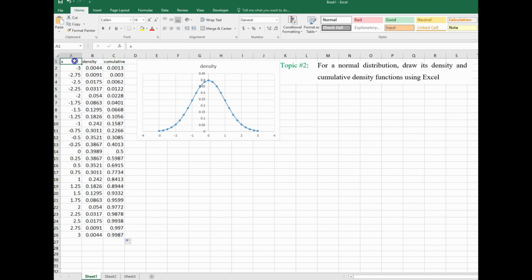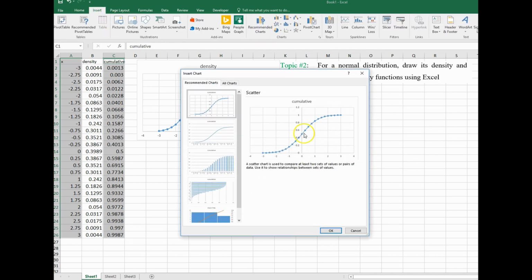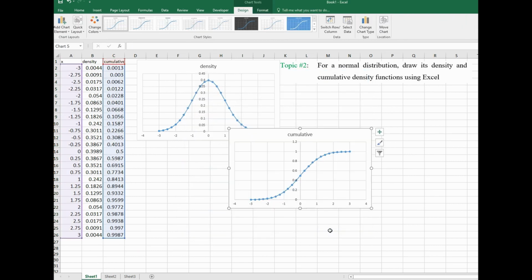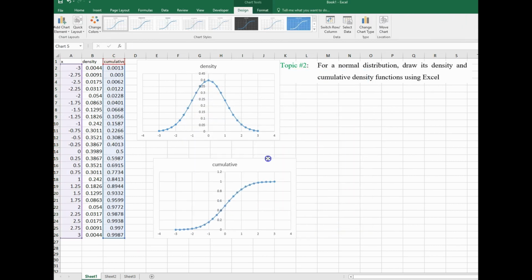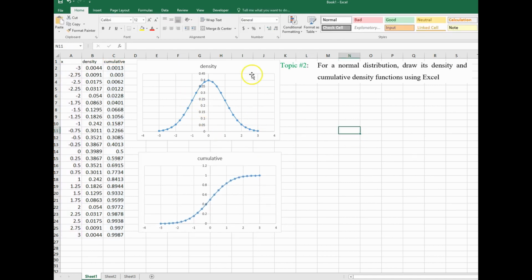To draw the graph, we highlight the X column, hold the Control key, then click Insert, Recommended Charts. So this is our cumulative density function. Okay, we put them together. On top is our density function, bottom is cumulative.